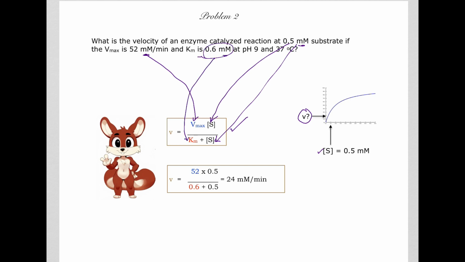You want to put the Km here, and then you solve the equation, and the answer comes out to be about 24 millimolar per minute. So at 0.5 millimolar, the initial velocity for this experiment is about 24 millimolar per minute.